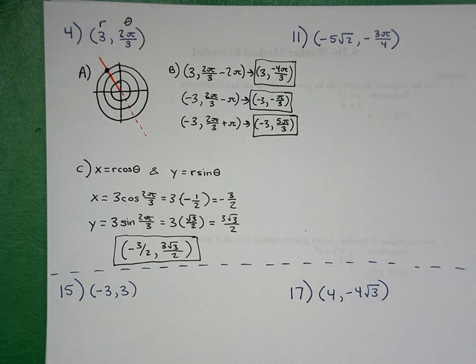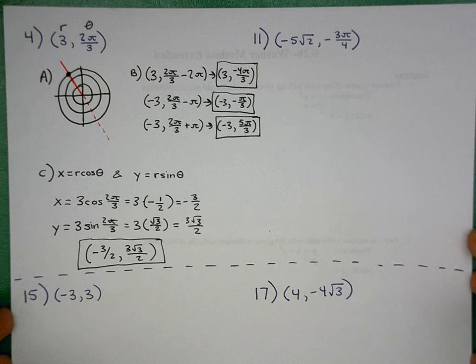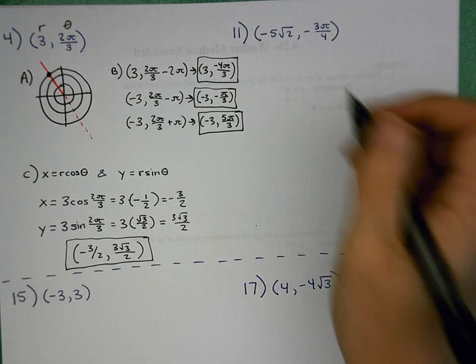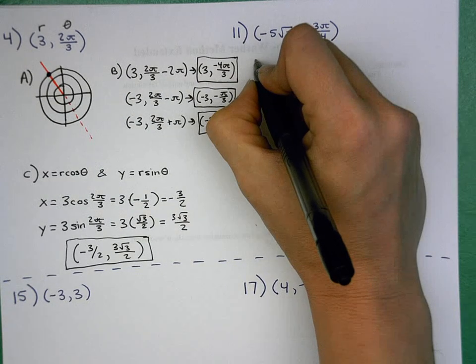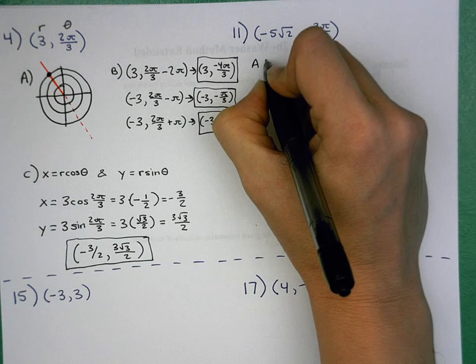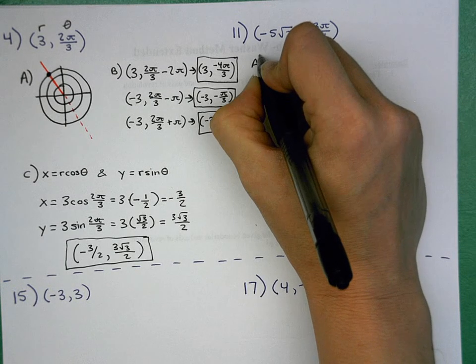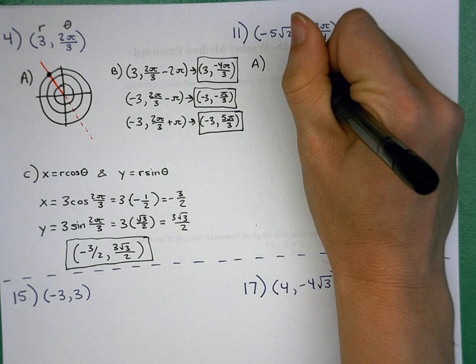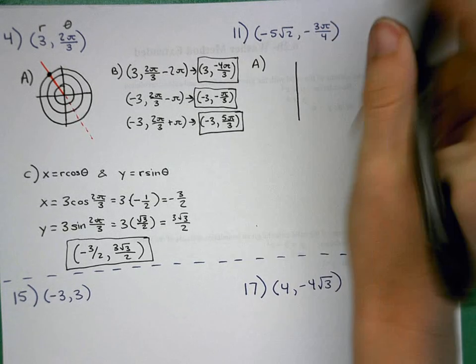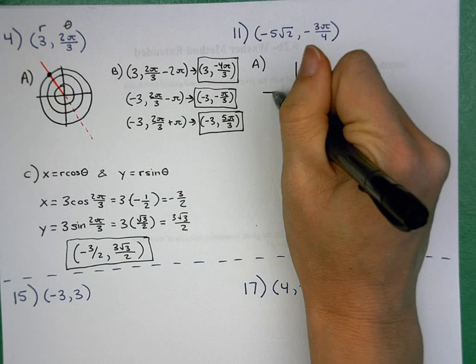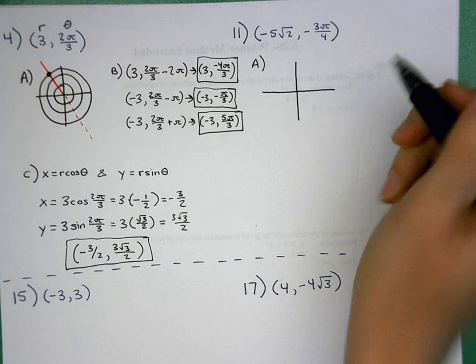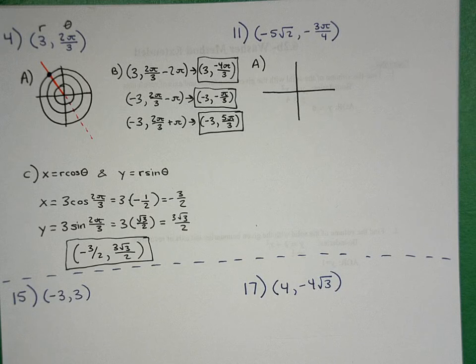Okay, number 11. Same thing here. So A, we're going to start with graphing. So radial line, negative 3 pi over 4.